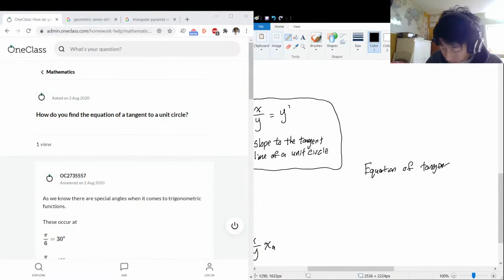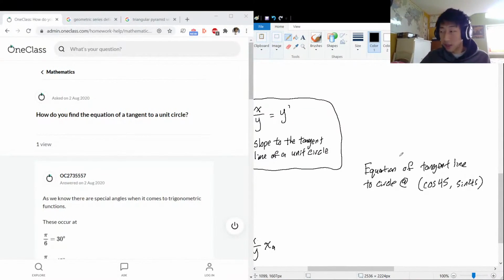Of a tangent line to the circle at the point we know one point that we certainly know is on the circle: cos 45, sine 45.